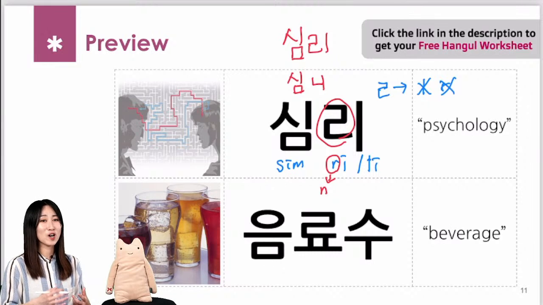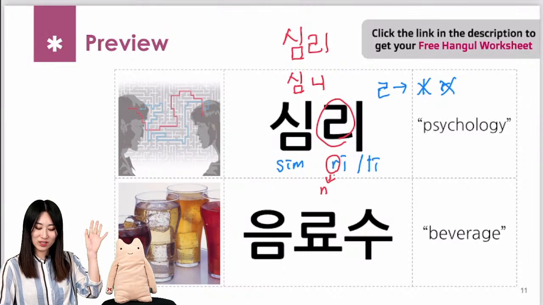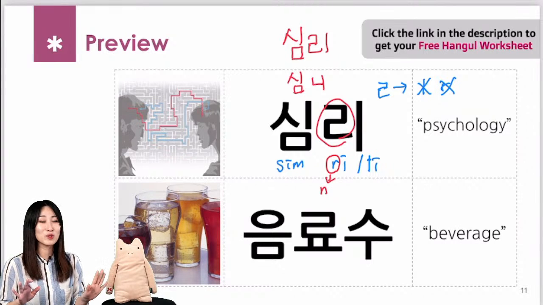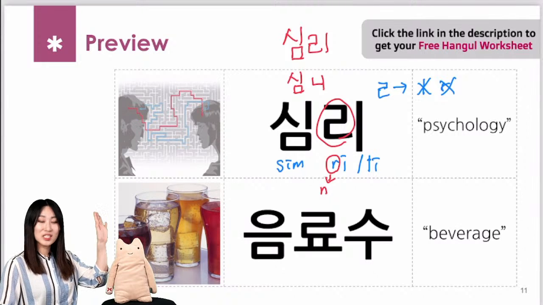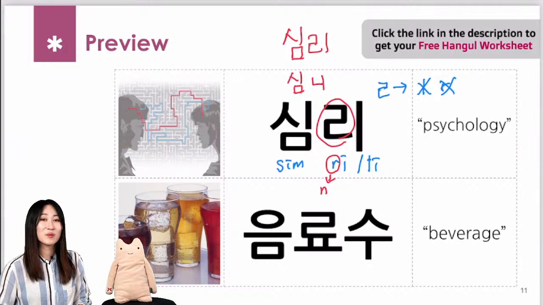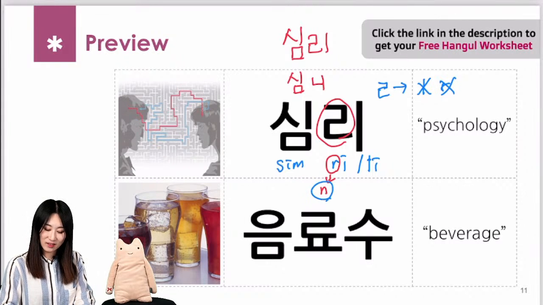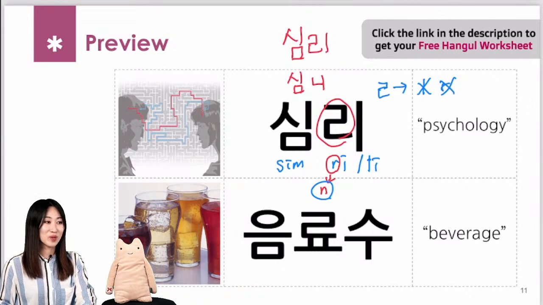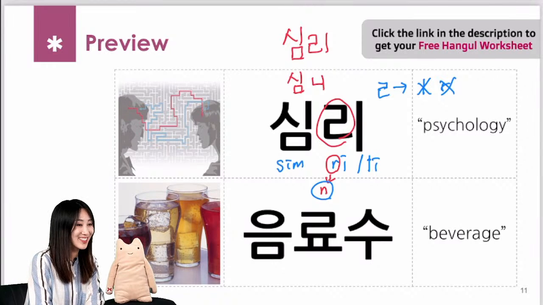So we found a similar letter, which is R or L. So it actually doesn't matter because the Korean pronunciation is different from the English alphabet. Very often people write like this, simri with R. But actually in real life, we pronounce like this, 심니, psychology. Is that okay? Let's practice one more time.